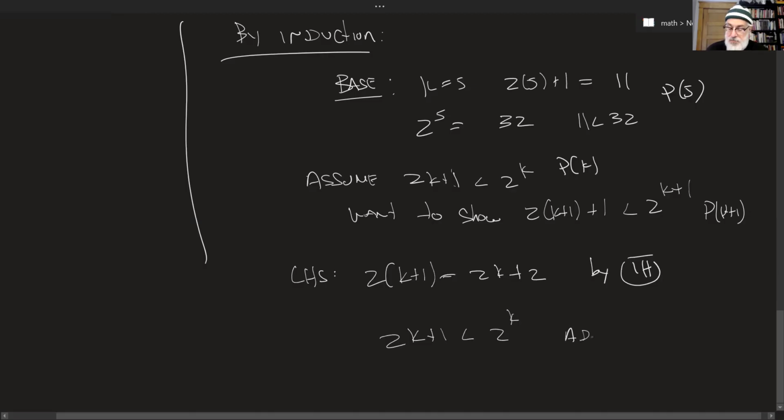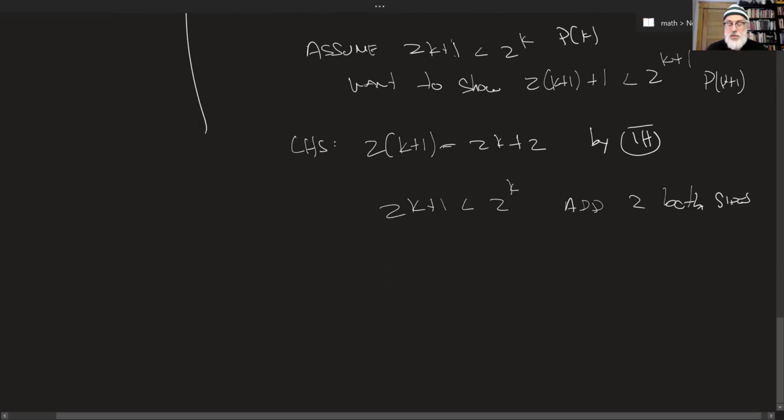So we can add 2 to both sides. Because 2 obviously is greater than 0, it does not affect the inequality. So 2k plus 1 plus 2 is less than 2^k plus 2. So this is 2k plus 2 plus 1.